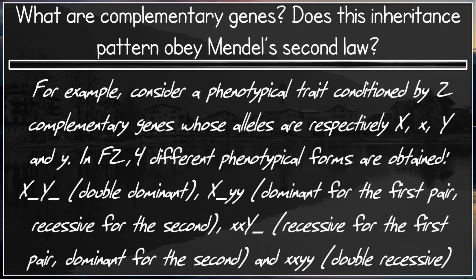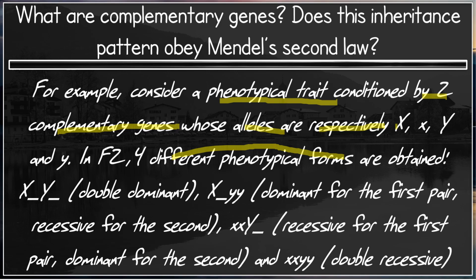For example, consider a phenotypical trait conditioned by two complementary genes, whose alleles are represented X, small x, Y, and small y. In F2, four different phenotypic forms are obtained.